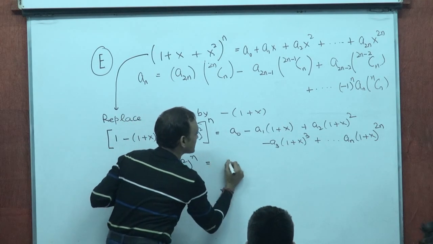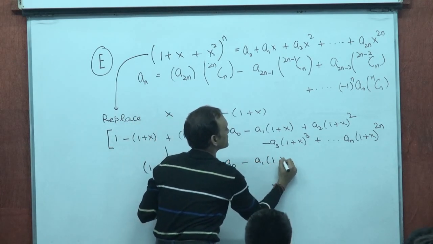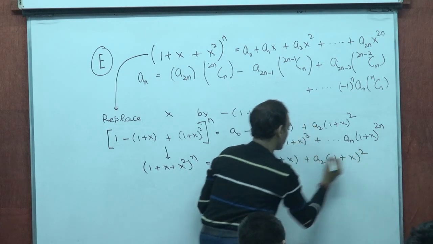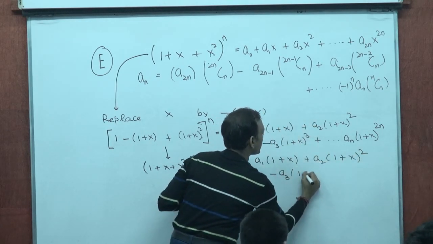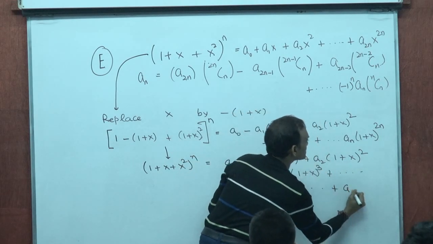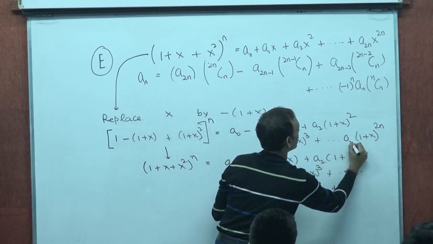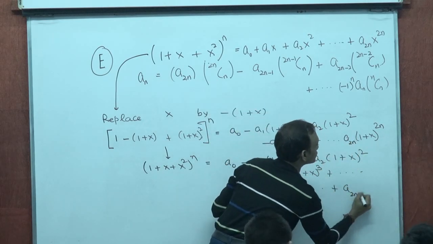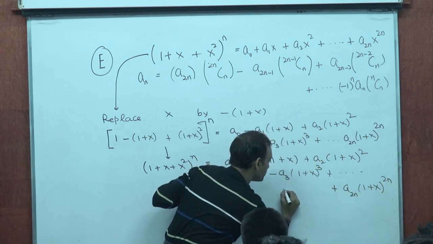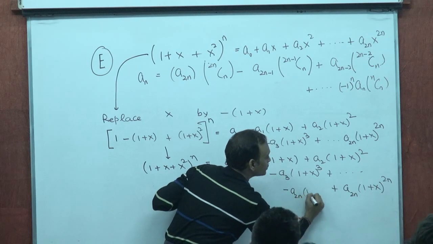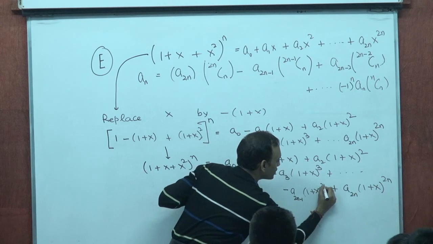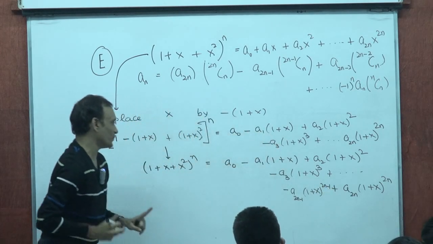And the right hand side is a0 - a1(1+x) + a2(1+x)^2 - a3(1+x)^3 and so on, plus a2n(1+x)^2n. The term prior to this would have been -a(2n-1)(1+x)^(2n-1). Yes or no?